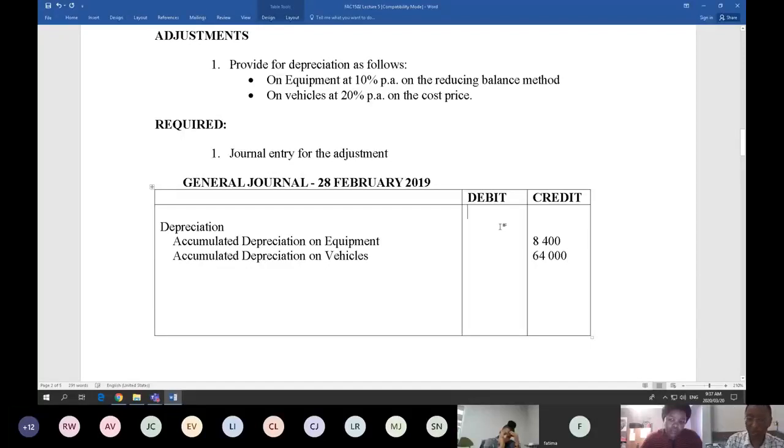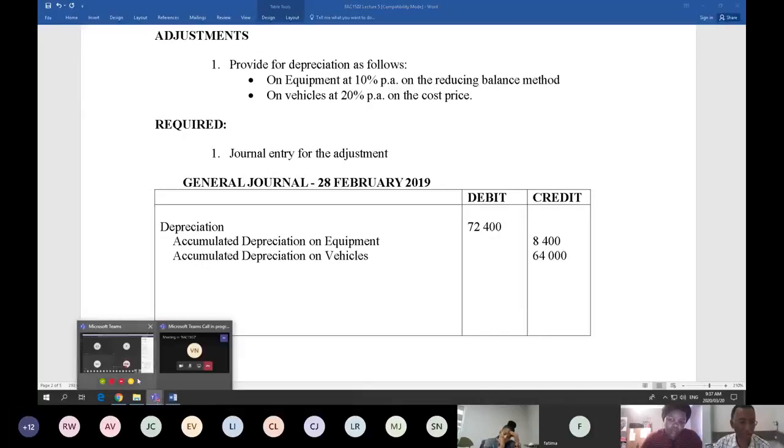So the total expense for depreciation will then be 72,400 Rand. Okay? And that is the entry in your journal.